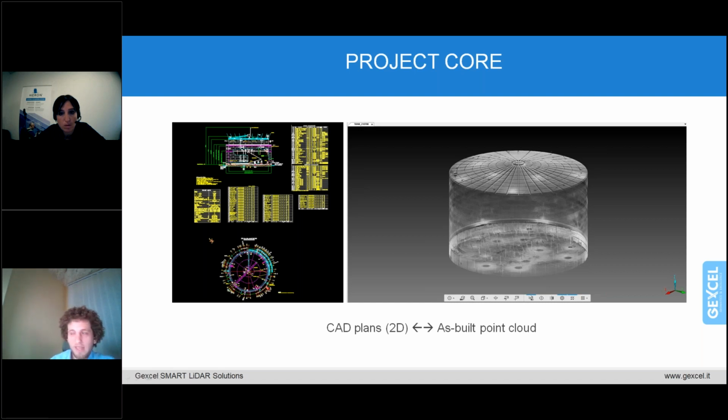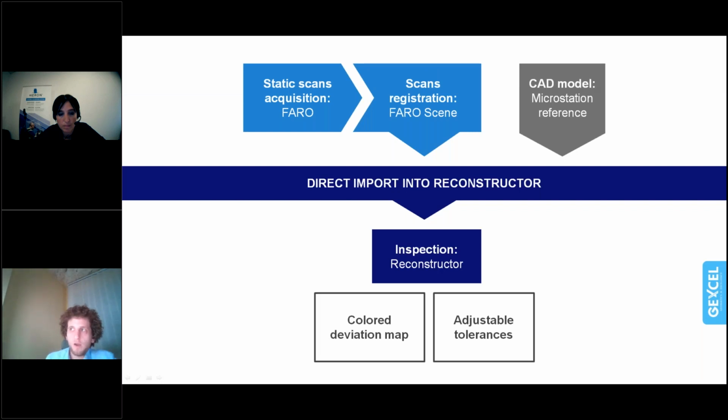Like I said, we have the data from the laser scanner registered within Faro Scene. Even with Reconstructor, we could do the registration. That's a user's choice. We also have the CAD data. From the CAD data, we can create a reference model, which is a 3D surface. And Reconstructor has a tool which we really love to use.